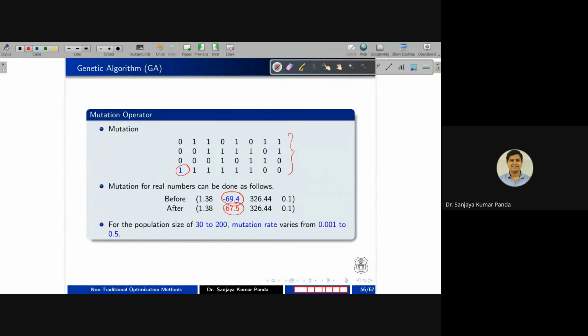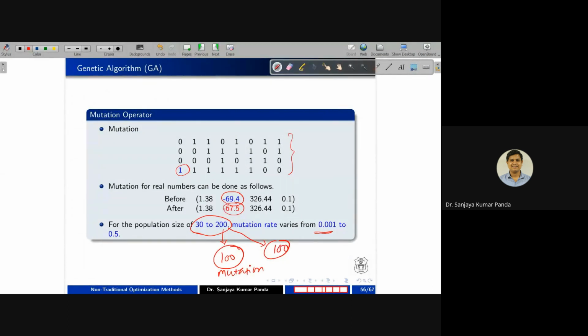With a population of 30 to 200, I told you the crossover rate is 0.5 to 1. But what is the mutation rate here? 0.001 to 0.5. So with a 200 population, the maximum number of mutations you can do is 100. But if you go for crossover, the minimum number of crossovers you have to do is 100.